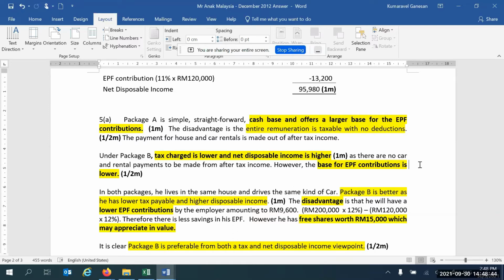Now, you see, okay, in general, what we are doing is that we can mention what is the difference. Okay, so here we didn't really mention what's the difference, but we explain why is it lower. Why is it lower?